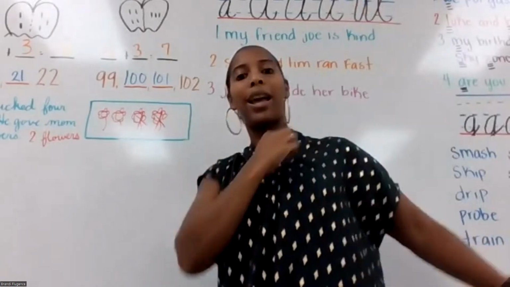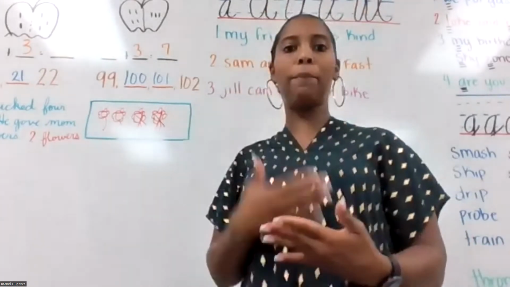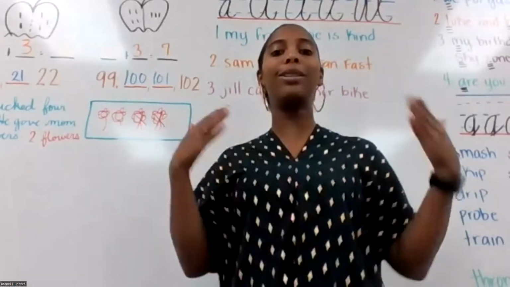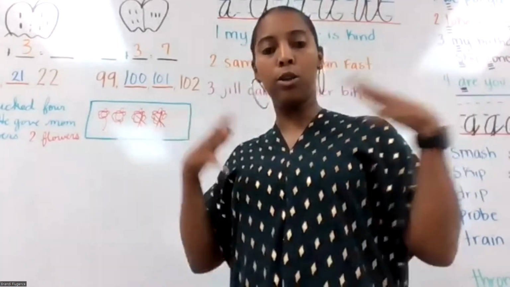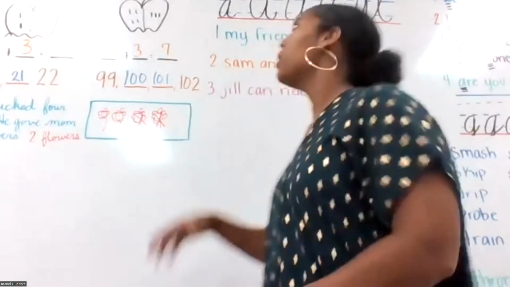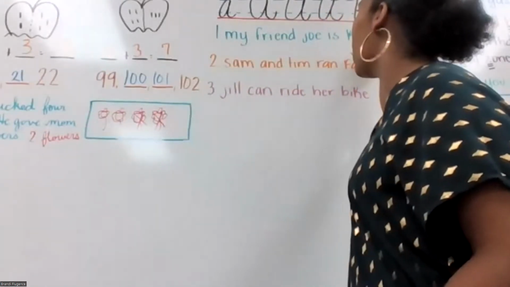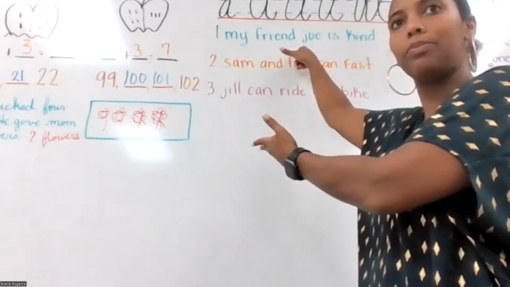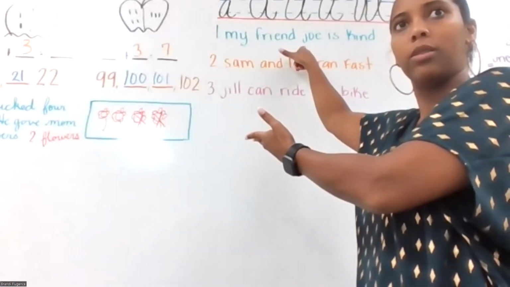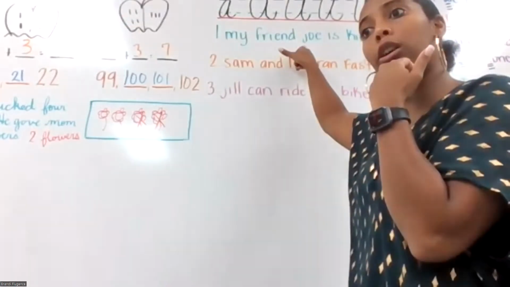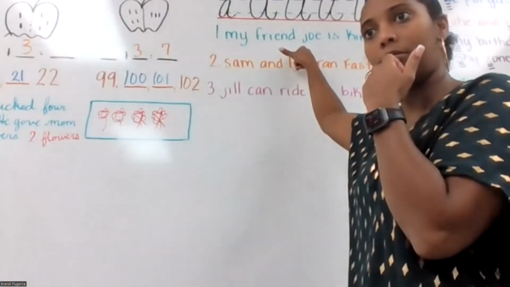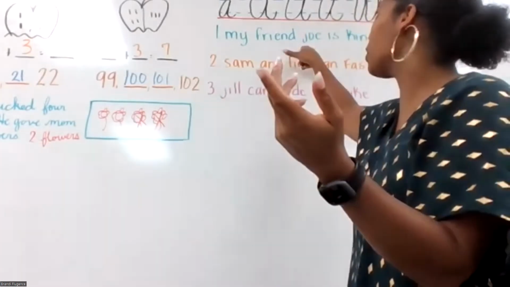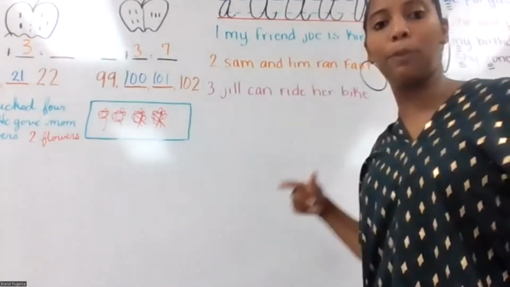Anytime someone's name is in a sentence, you capitalize their name. You hear me? Anytime someone's name is in a sentence, you capitalize their name. So when I'm writing Joe, how should I write Joe? With a what? With a capital J to show that that's a proper noun.